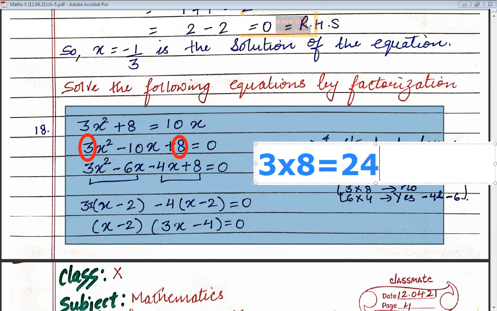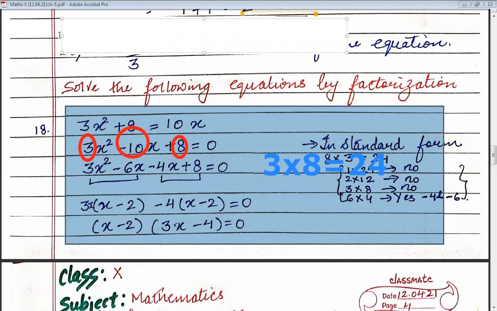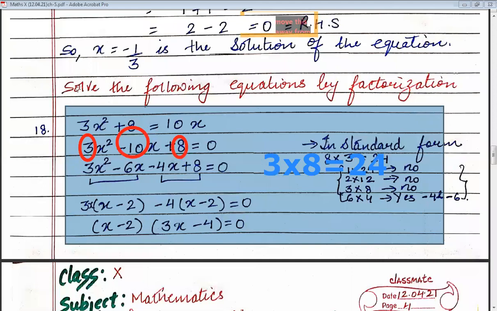Now children, you have to break this 24 in two factors so that you get your value as minus 10. Now what is the product of the coefficient of x square and constant term? That is 24. Now you have to break your 24 in such a manner so that you get two factors, and after adding or subtracting the two factors you get minus 10 as the answer.